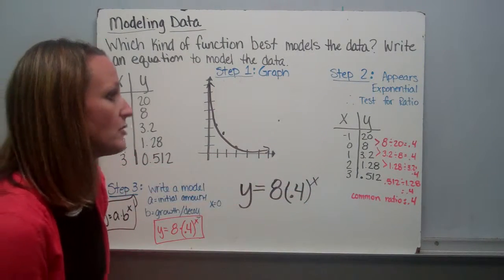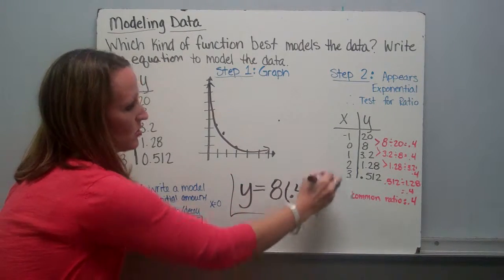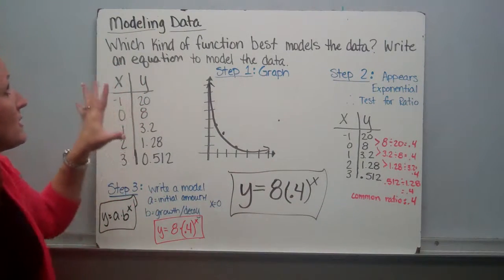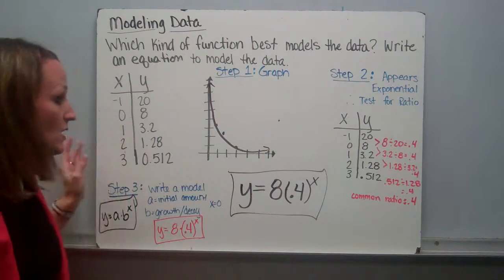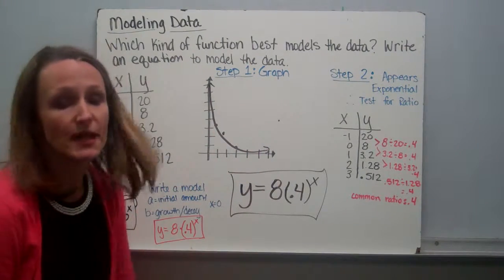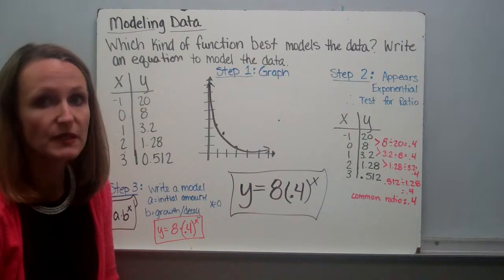We would put each one of those in there to find out how much it grows. So this would be your model. And that's how you would model your data based on what you have. But you could do this with any kind of data. You could make it for an exponential or a quadratic or a linear function.